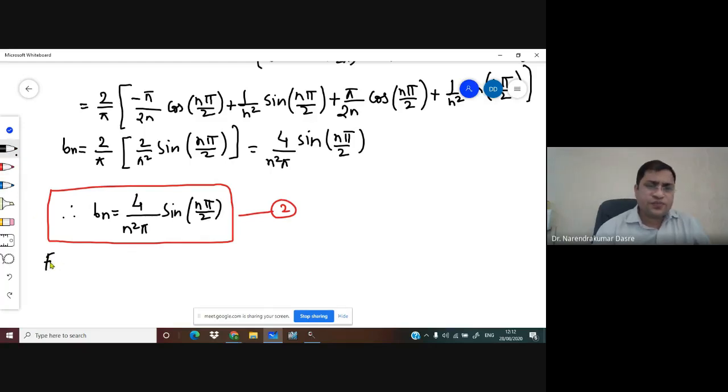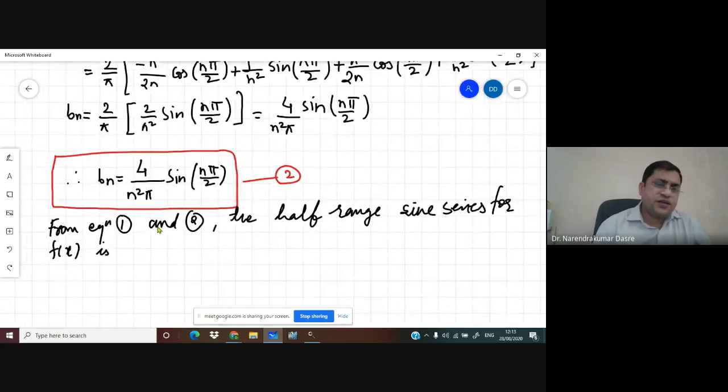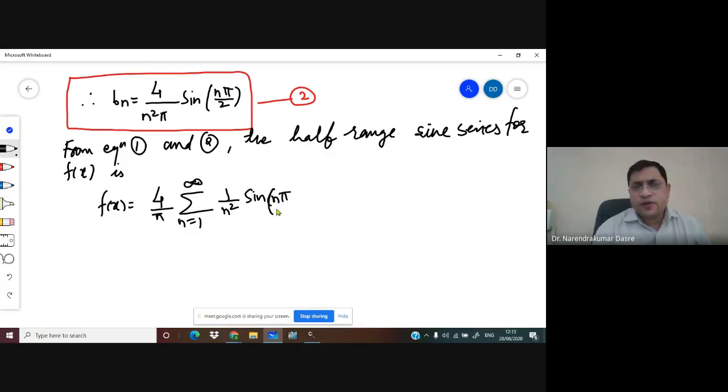And hence what we can write is from equation 1 and 2, the half range sine series for f of x is, so we have to put only the value of this bn, and hence we get f of x is equal to 4 upon pi is a constant, n running from 1 to infinity, 1 upon n square sine of n pi by 2.